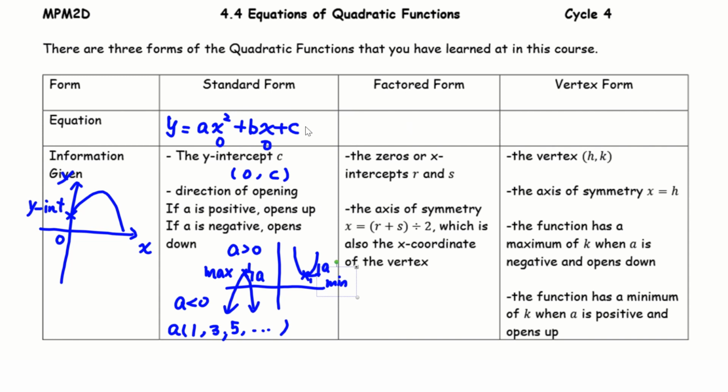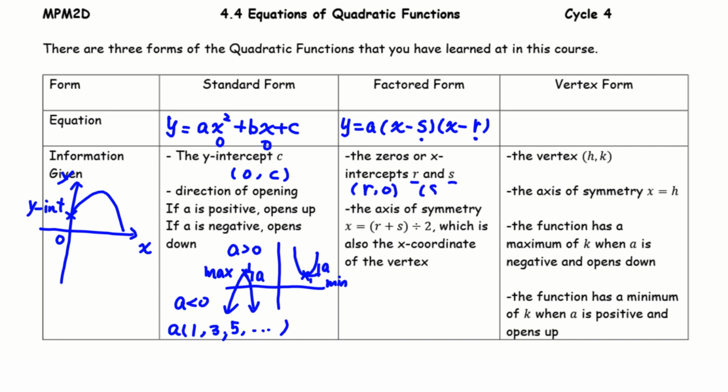Then the factor form is in this form: y equals a times (x minus s)(x minus r). The r and the s, we call them the zeros. So when we sub in r here, r minus r is 0, you will have y equals 0, so r comma 0.